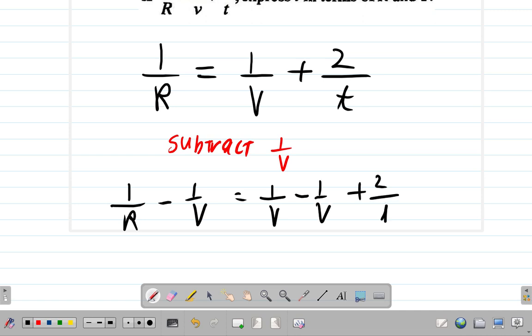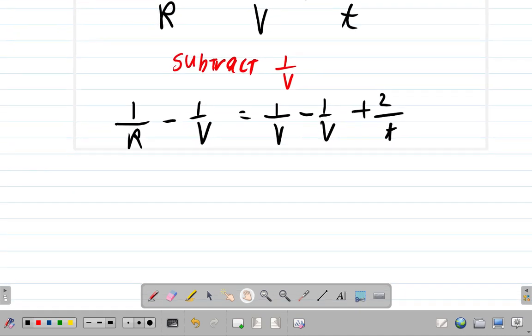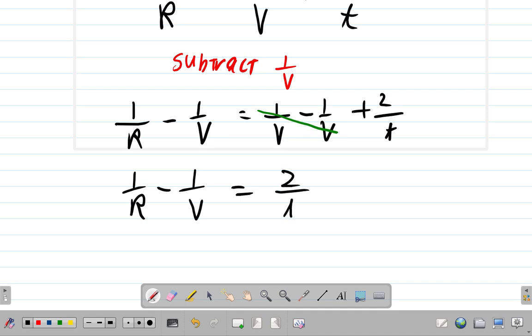Plus 2 divided by T. So what we have is 1 divided by R minus 1 divided by V equals. Now here, this is gone, you know. 1 divided by V subtract itself. So you have 2 divided by T.